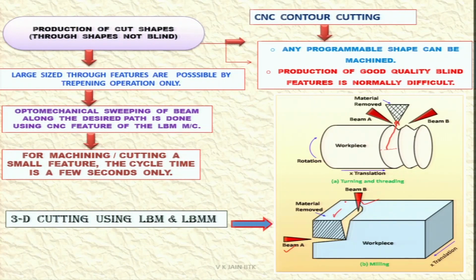So all kinds of operations can be performed by manipulating the relative motion between the beam and the workpiece, and that's why I mentioned that CNC machines can make you a very good 3D component by laser beam machining and laser beam micromachining.